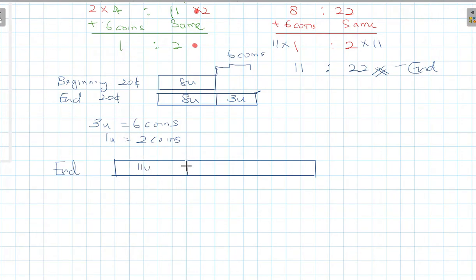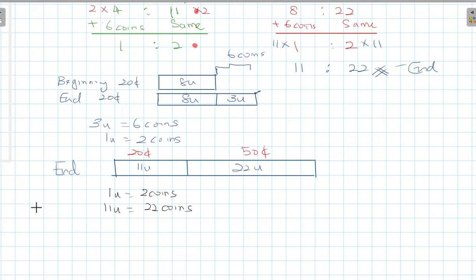So here is 11 units, here is 22 units, and here is 20 cent coins, and here is 50 cent coins. So I know that if 1 unit equals 2 coins, I have a total of 11 units here.